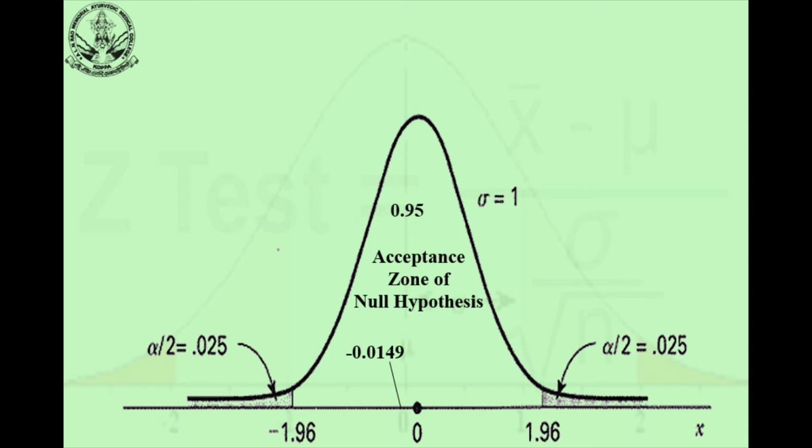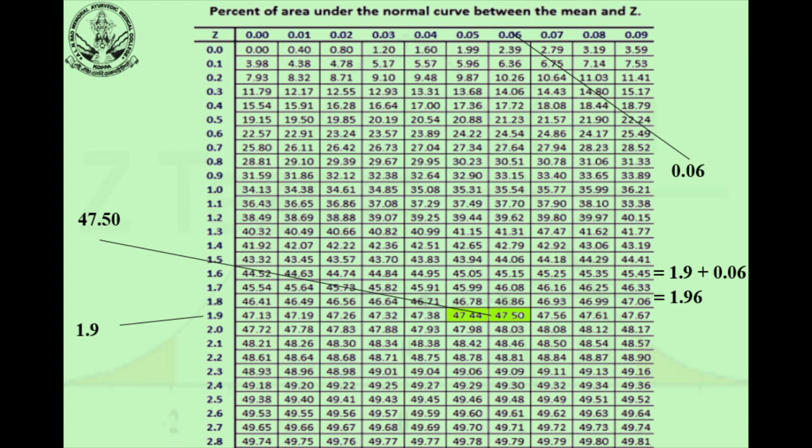Now, where did we get this 1.96? You can recall the Z table. Here we are taking alpha by 2. You see 47.5 is coming at 0.06 from here. So 47.5 into 2, because we are taking a two-sided test, so alpha by 2 is there.